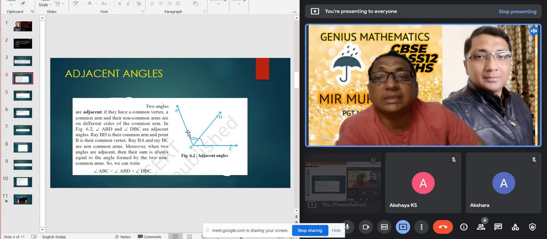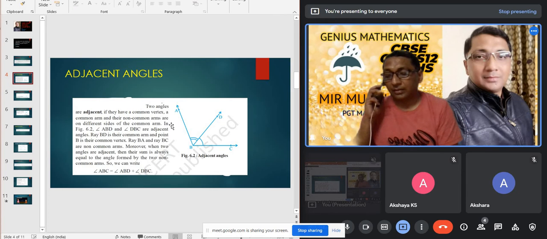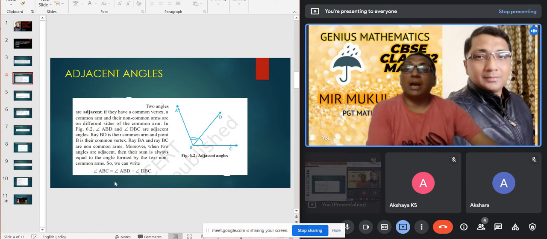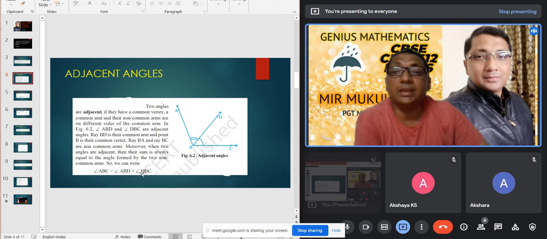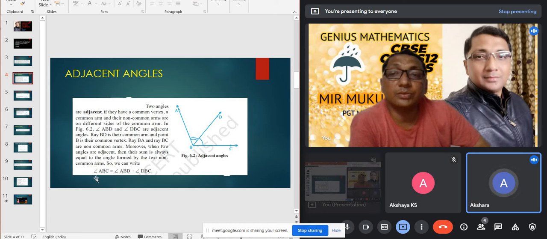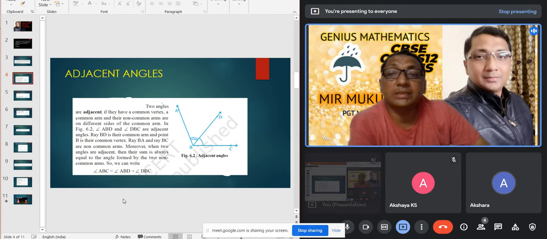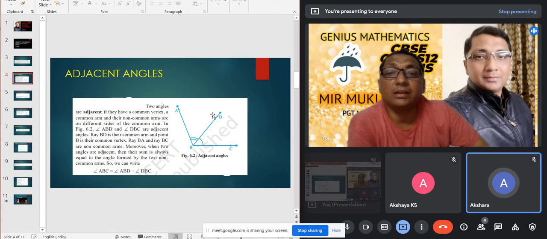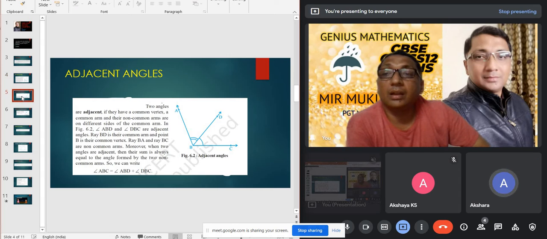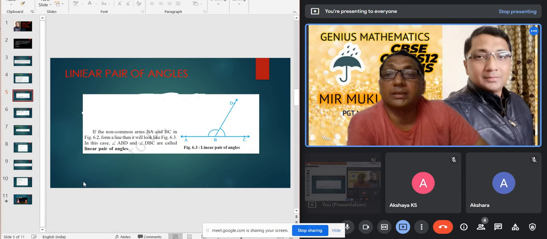So here angle ABC equals ABD plus DBC. Okay, so understood, Aksara? Sir, understood. Yes, sir. ABC can be written as angle ABD plus angle DBC. Okay.